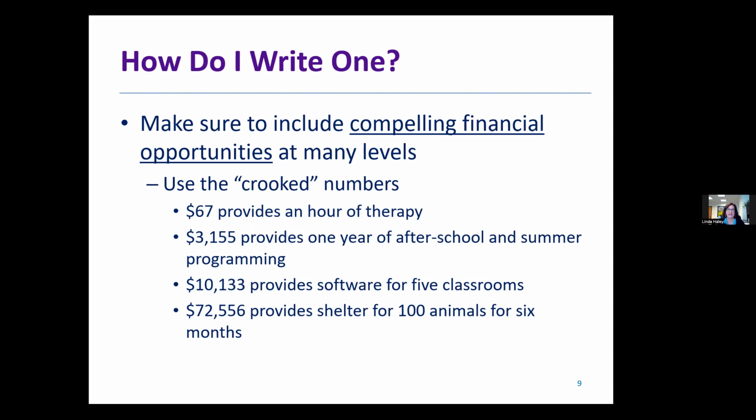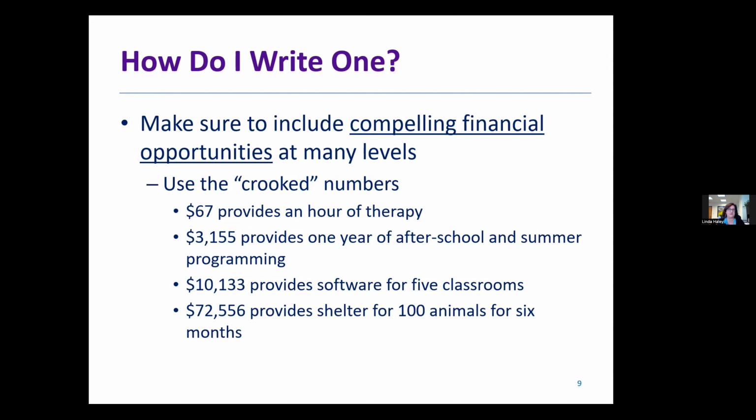How many of you have seen, I know you have, you get an appeal digitally or in the mail, and it says $50 does this, and $100 does that, and $250 does this. And don't you have a moment where you think, it's probably not $100. Nothing costs a flat $100, right? $97.34, $103.20, not $100. So we love these crooked numbers because it shows you've done your work, all right?